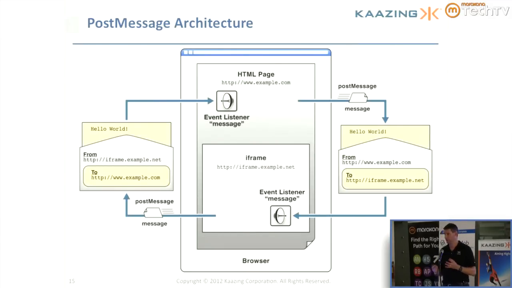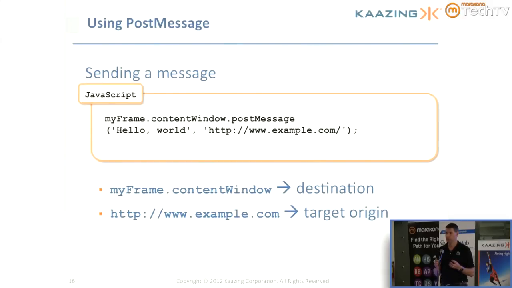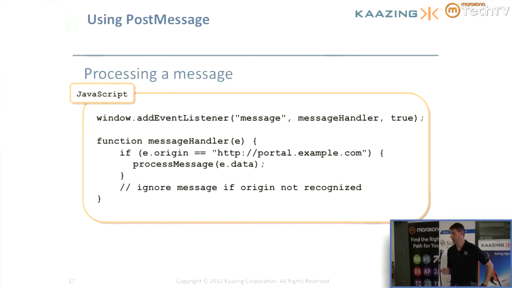Normally that cannot be messed with, so in that sense, it's secure. You're not actually passing in your origin, you're passing in the target origin. Then the receiving end adds an event listener for the message. That's a named event. It listens for that, passes the message off to a message handler, which checks the origin.